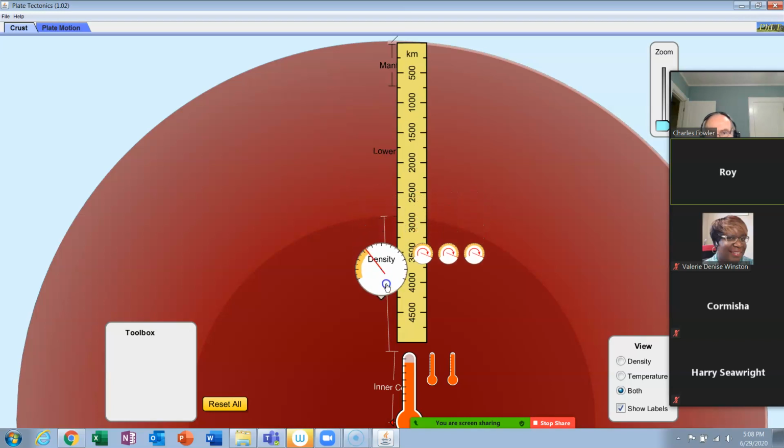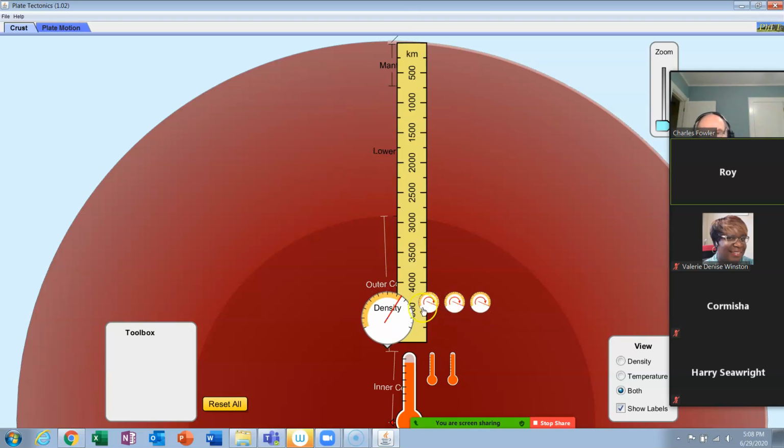Lower part of the outer core. That's right about there, isn't it? Okay. Now we have, this was 30, 31, 32, 33, 34, 35, 36, 36 and a half. Looks about right.